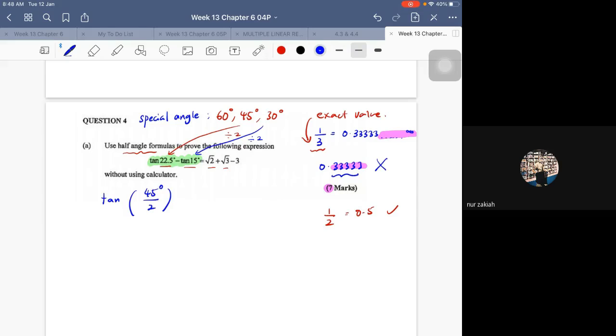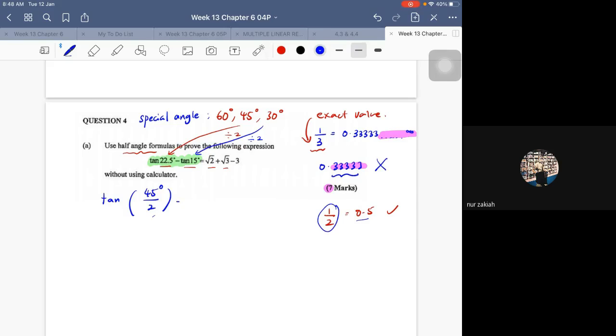Matematik ni, bila kita tulis dia punya function tu, dia tak semestinya kita tulis dalam bentuk yang sama, dia boleh tulis dalam bentuk yang berbagai. Contohnya, instead of tulis 1/2, kita boleh tulis dia sebagai 0.5, tetapi dengan syarat value dia kena sama, kena retain. Kalau kat sini tak ada masalah, sebabnya bila I bahagi 45 bahagi 2, nilai dia still 22.5.